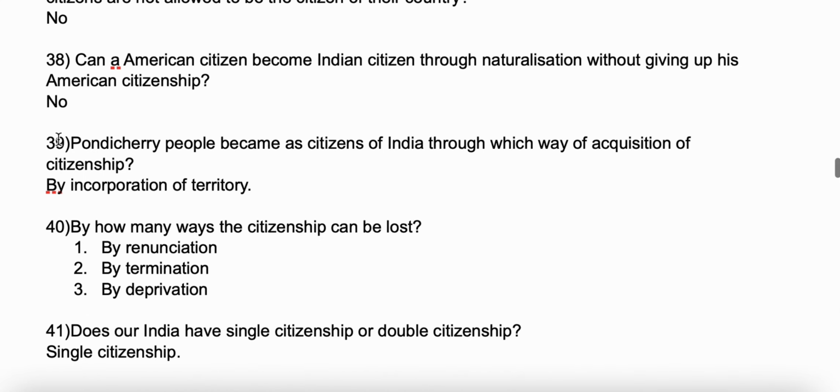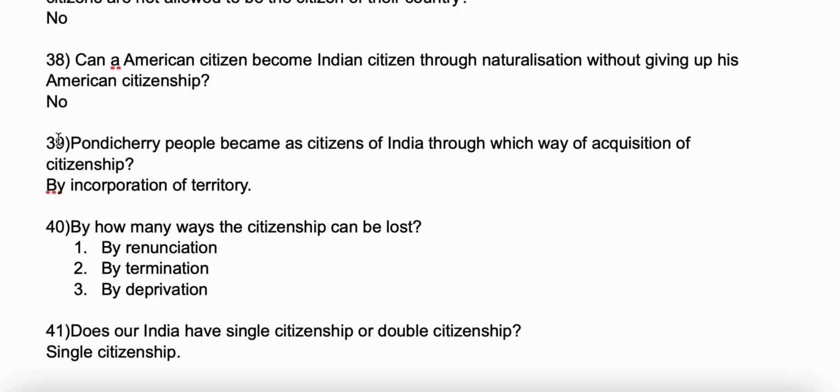Now 38th question, can an American citizen become an Indian citizen through naturalization without giving up his American citizenship? No. If anybody wants to become a citizen of India, if an American or a French or a German person wants to become a citizen of India, he should give up the citizenship of his respective own country.